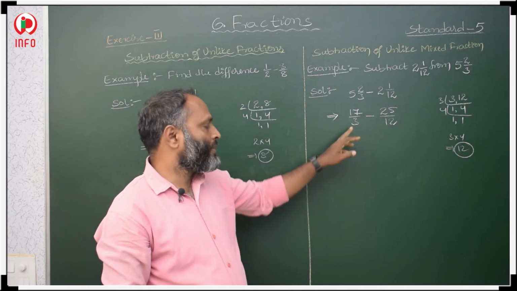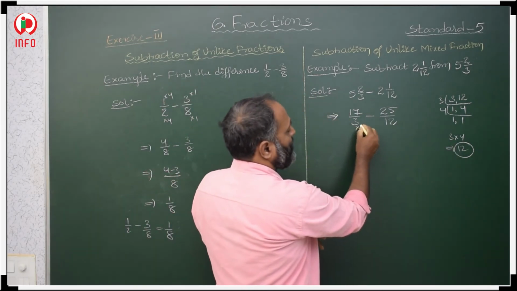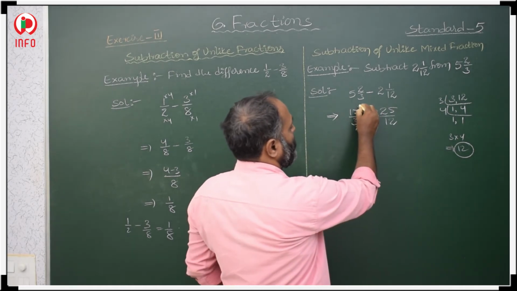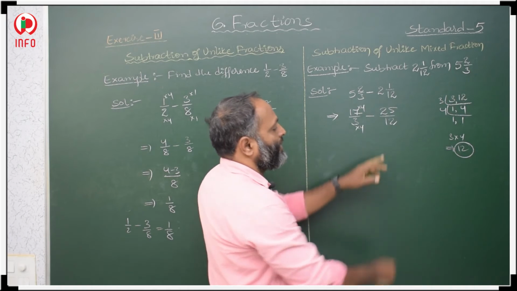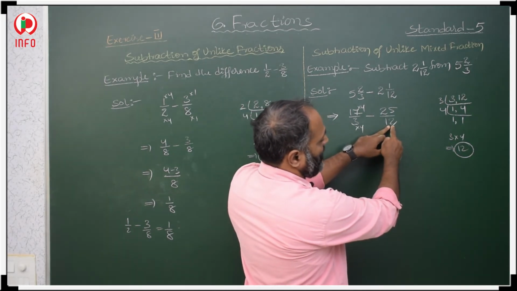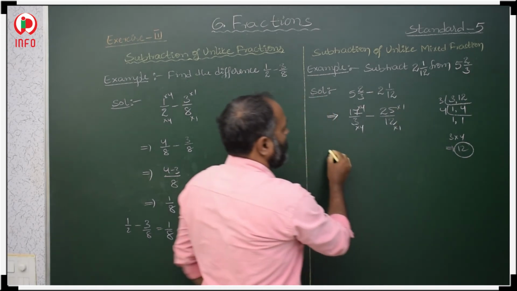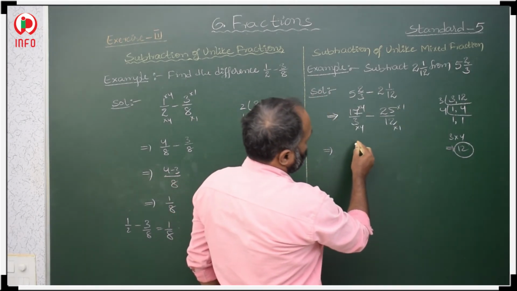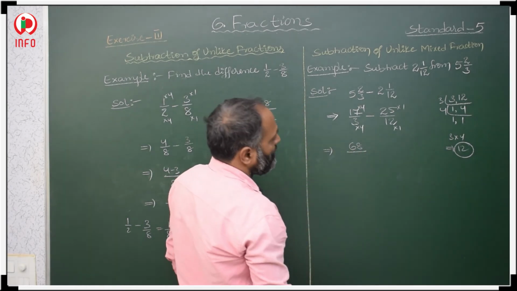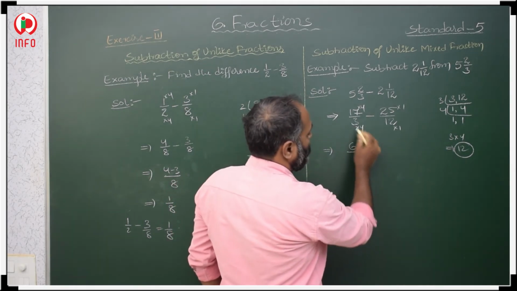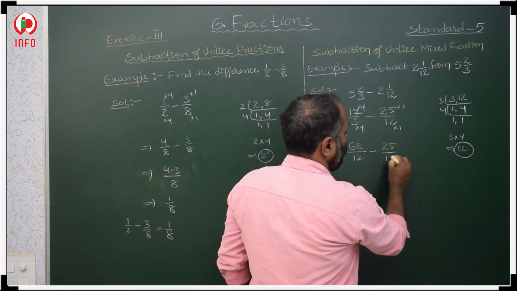For the first fraction's denominator, in the 3 table to get 12, 3 fours are 12, and 17 fours are 68. For the second fraction's denominator, in the 12 table to get the LCM 12, 1s are, so 25 ones are 25, 12 ones are 12. So 68 by 12 minus 25 by 12.